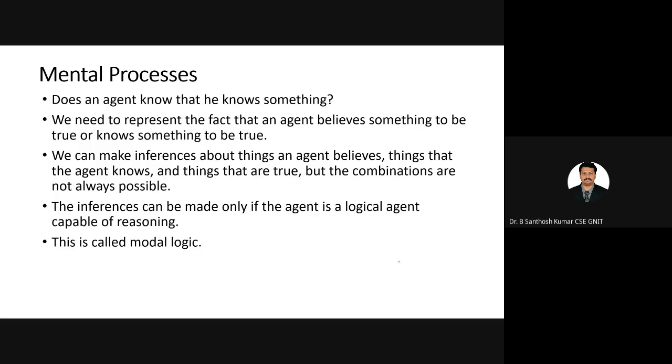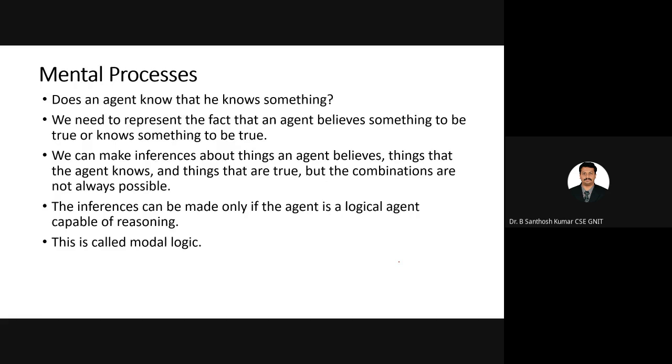Otherwise, if I am not giving that instruction, the robot will not work in that area. So we need to represent the fact that an agent believes something to be true or knows something to be true.